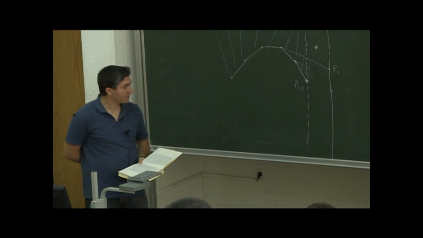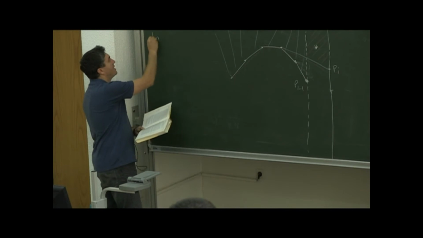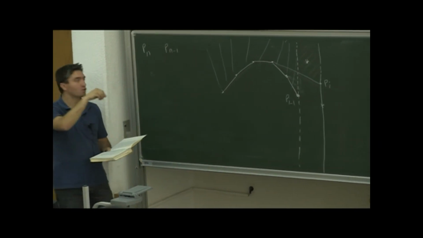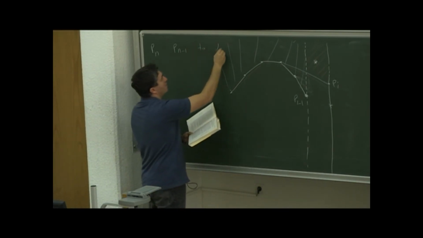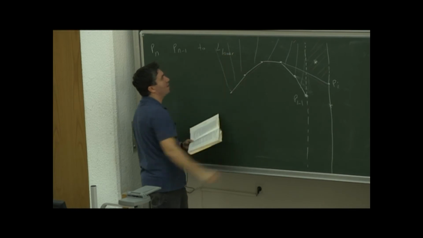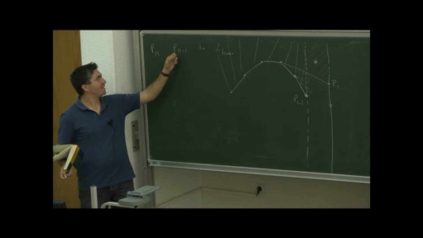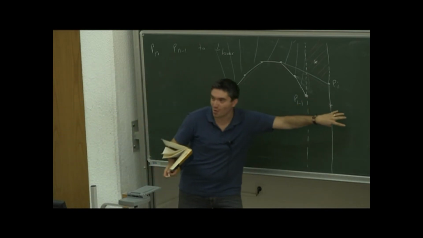Now for the lower hull, we start from the rightmost point: we put Pn and Pn minus 1 into the lower hull.